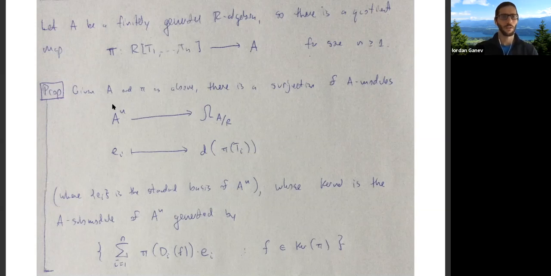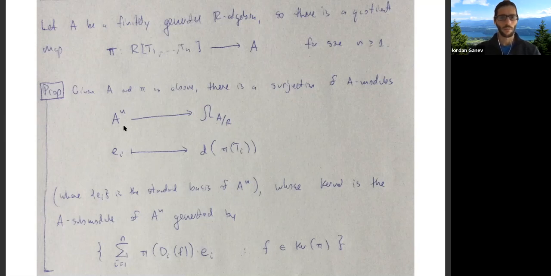And we take the free A-module generated by some elements, I'm just going to call them e sub i. Or you can think of e sub i as being the element that has 1 in the ith copy and 0 everywhere else. That's the standard basis of A^N.